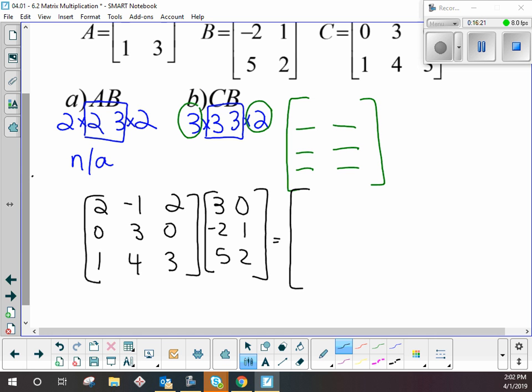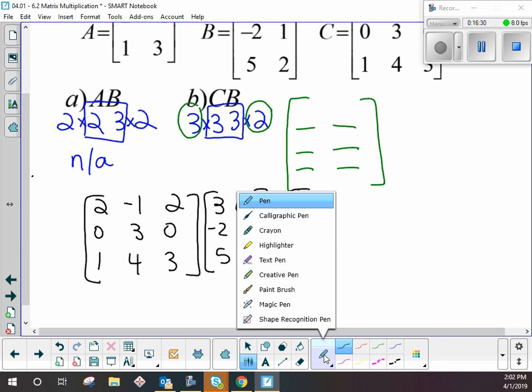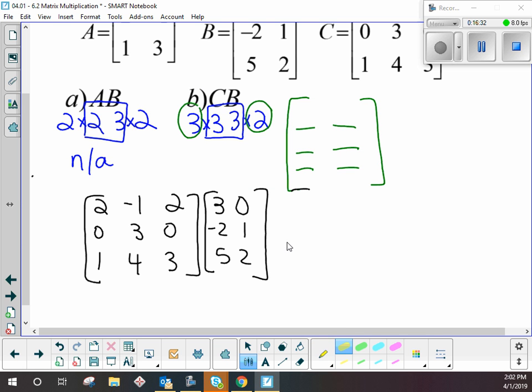But in this case, I have 3 positions. I am going to try and find this part of my answer matrix first. What position is that when I'm talking about rows and columns? It's row 1, column 1.